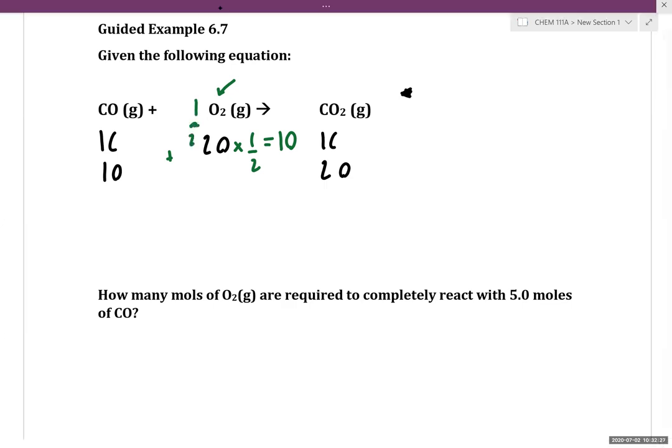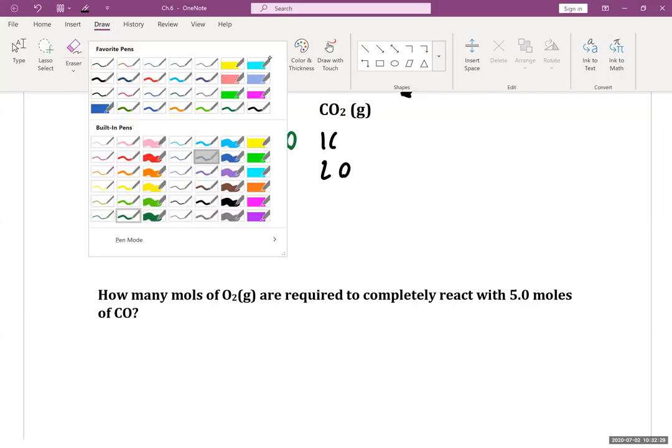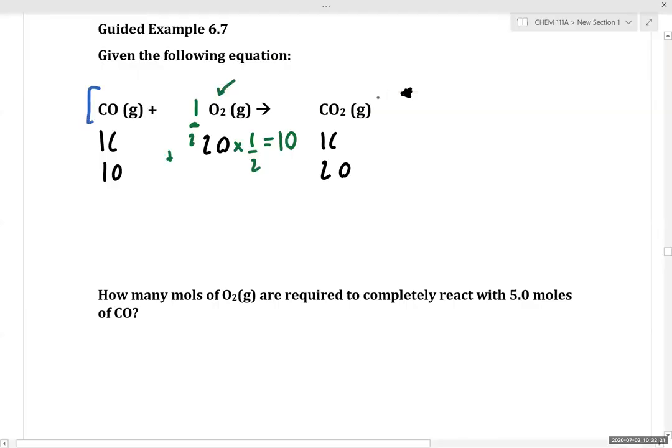Okay, now that we have our fraction of 1/2, we multiply all of our coefficients by a whole number. What whole number should we choose to get rid of this fraction?